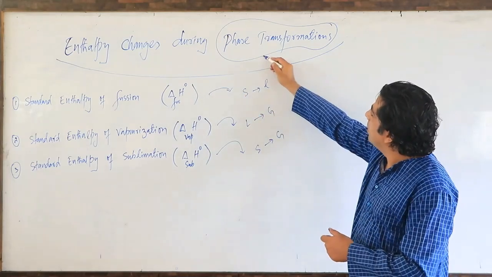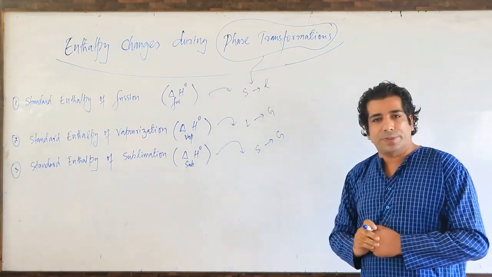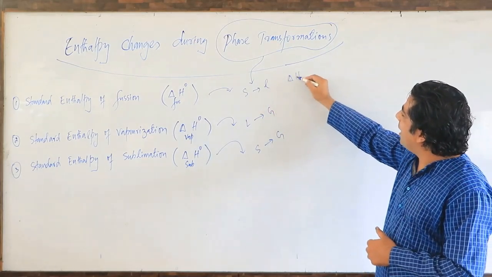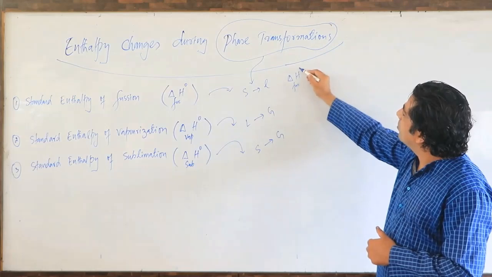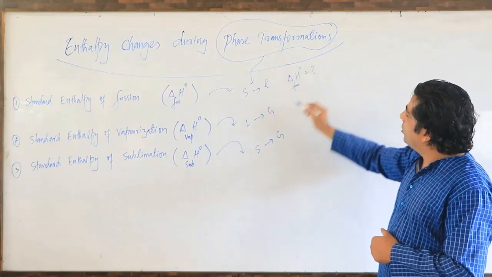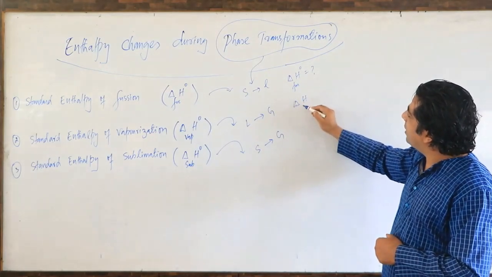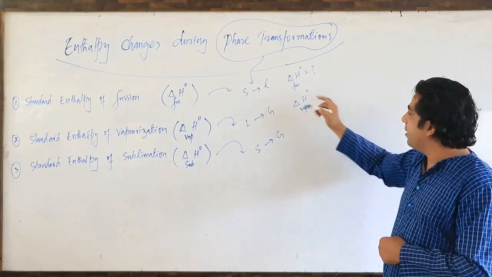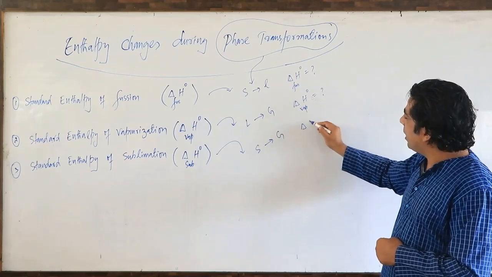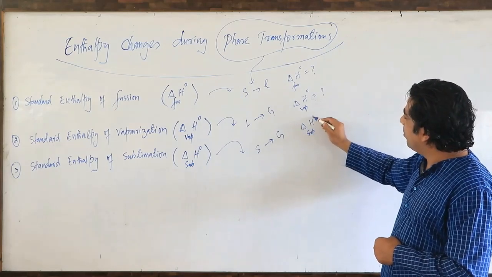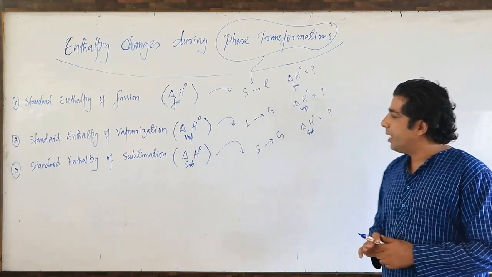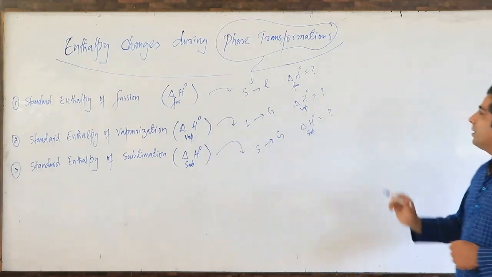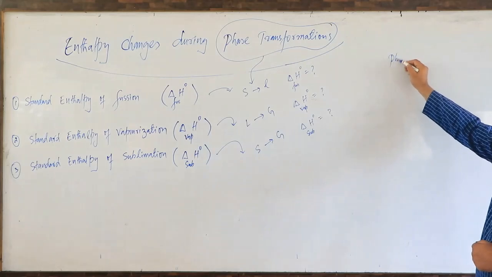During this process, you have to calculate delta H fusion. During this process, you have to calculate delta H vaporization, and that is standard. And here you have to calculate delta H sublimation. So we will understand them one by one. But before that, let us understand what a physical process is.